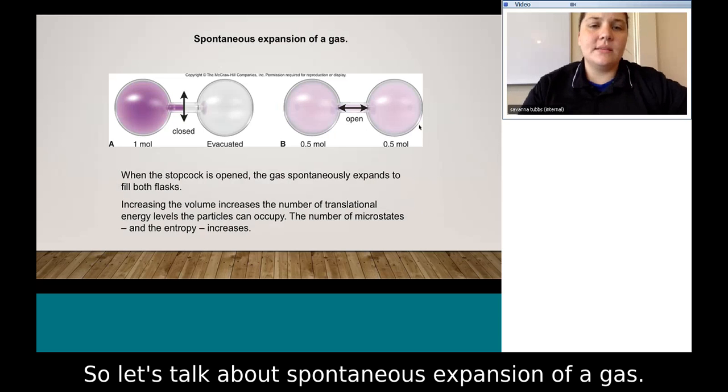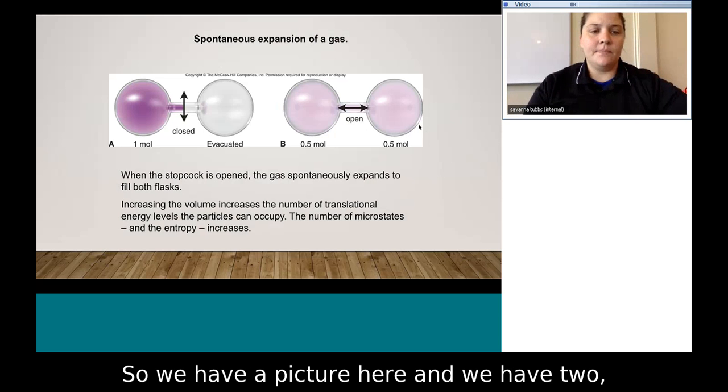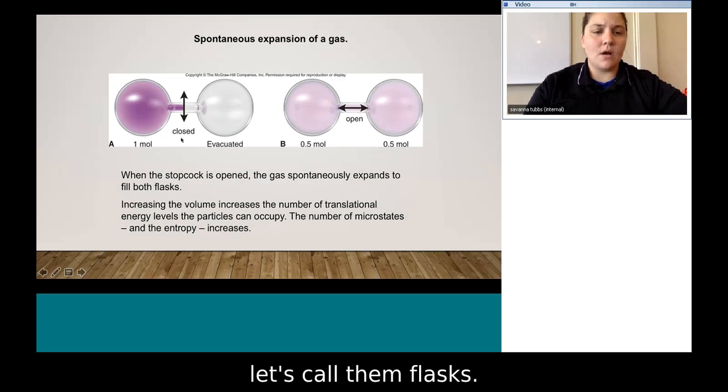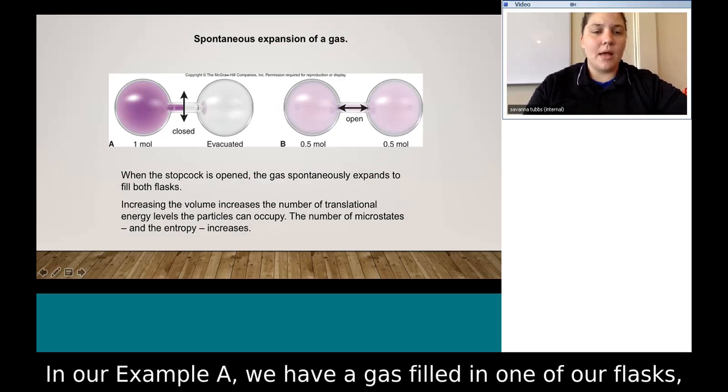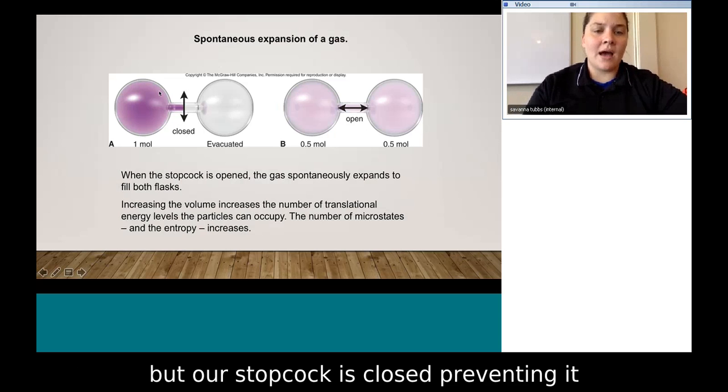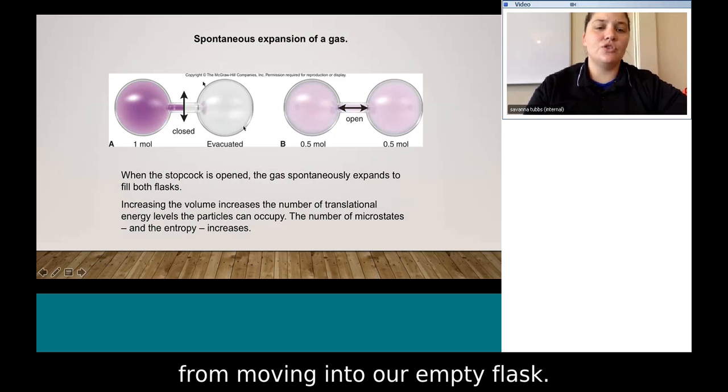So let's talk about spontaneous expansion of a gas. We have a picture here with two flasks. In example A, we have a gas filled in one of our flasks, but our stopcock is closed, preventing it from moving into our empty flask.